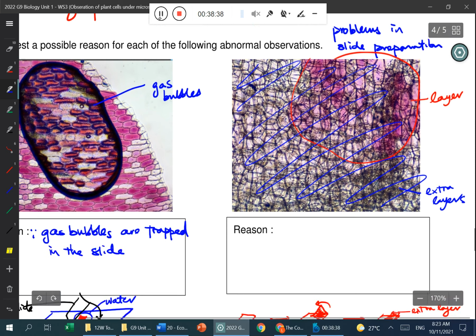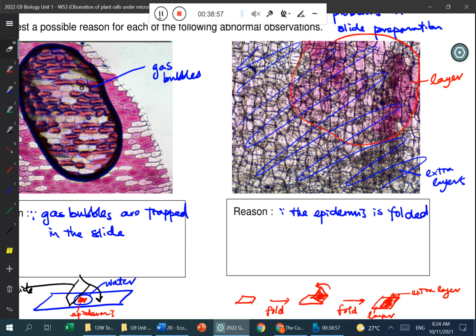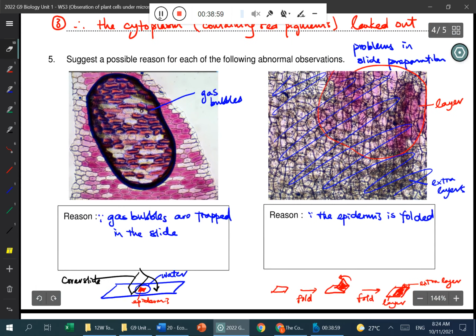And the reason that there is an extra layer is because the epidermis is folded. So how to prevent this problem?